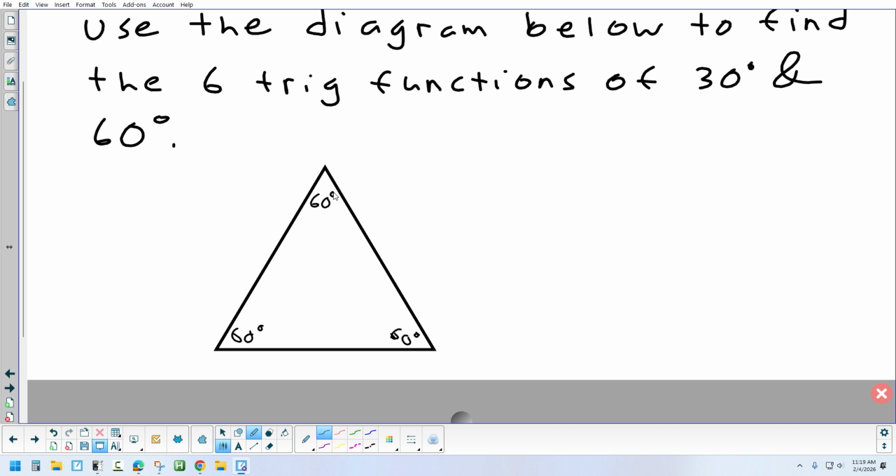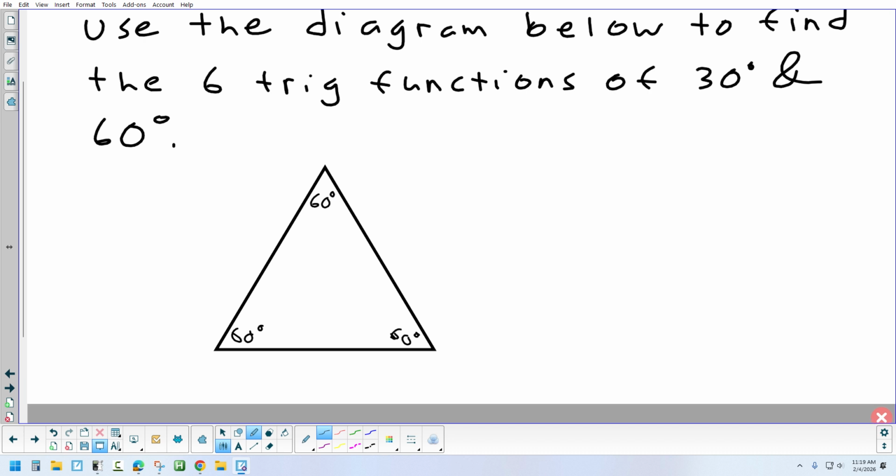But ideally, we want to pick the easiest one. Anybody have a suggestion for the side lengths? Yeah, 1. Last time I thought 1 was a good idea. We could use all 1s. It would be okay, and it would work. But I think there's a number this time that's going to be a little bit easier to use. But not 1.